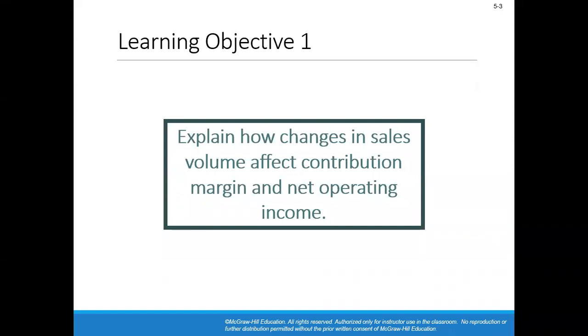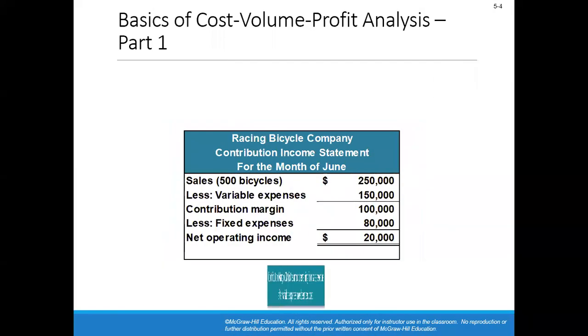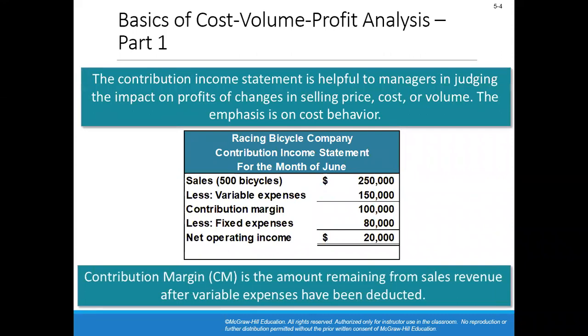Our first learning objective is we'd like to see how changes in sales volume affect contribution margin and the net operating income. This will be some recap of what we understood from the previous classes.